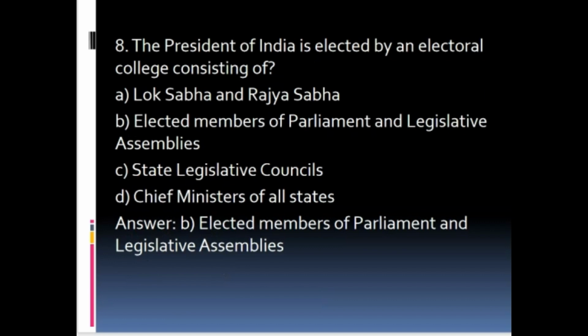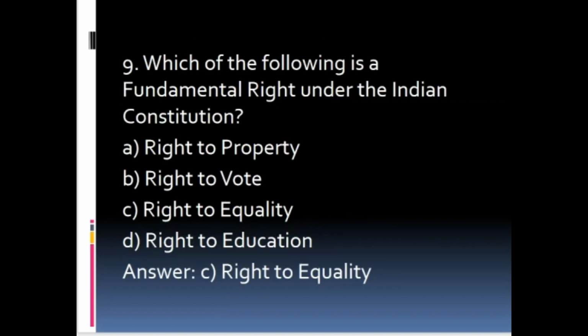The President of India is elected by an electoral college consisting of Lok Sabha and Rajya Sabha, elected members of Parliament and legislative assemblies, state legislative councils, chief ministers of all states. Answer B. Elected members of Parliament and legislative assemblies.